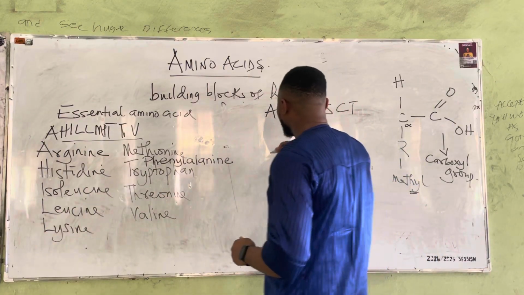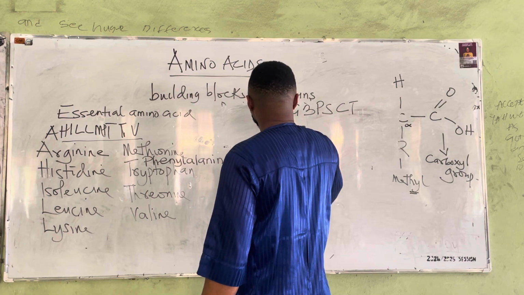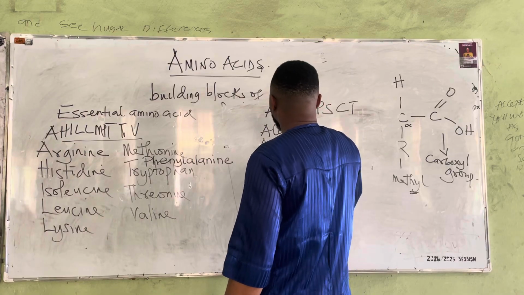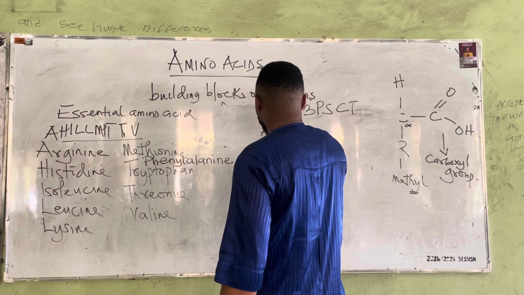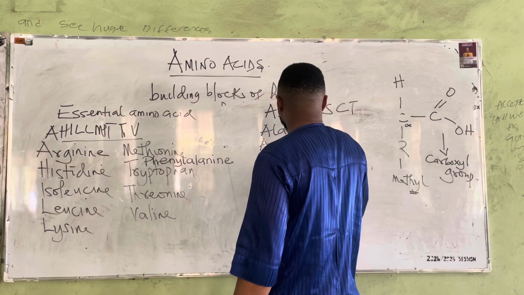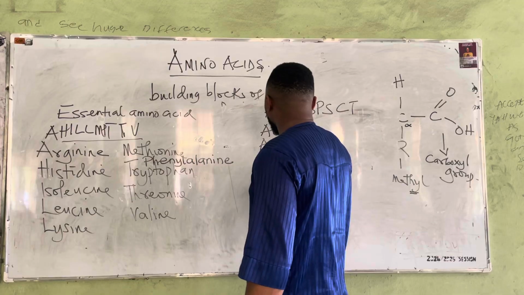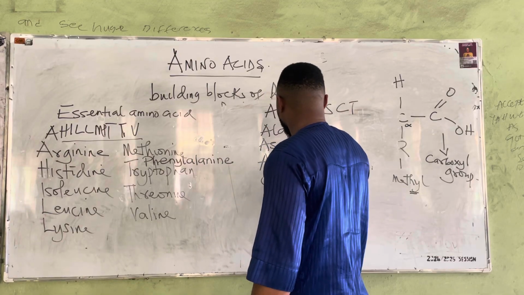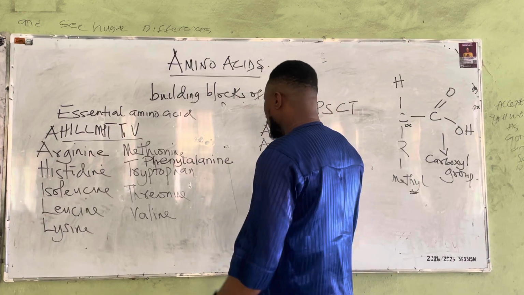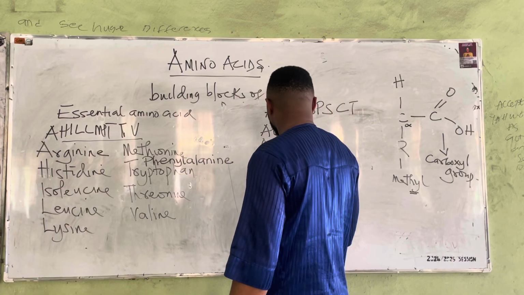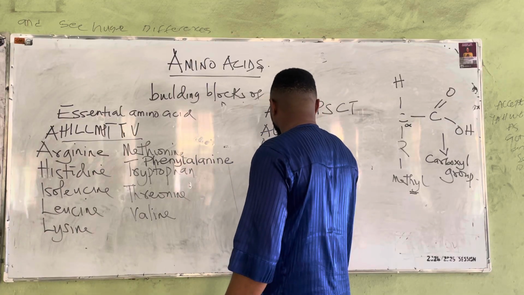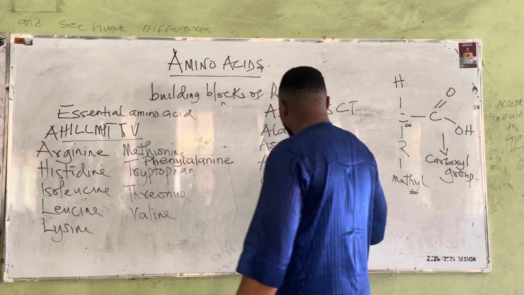Alright? So A3, we have alanine, asparagine, aspartic acid. Then we have glutamic acid. We also have glycine. We also have glutamine. That's for the G3.